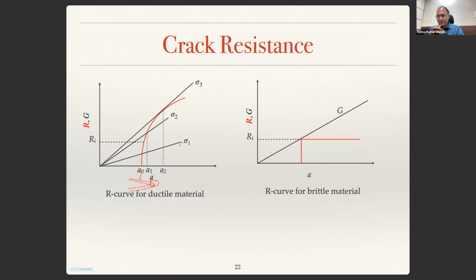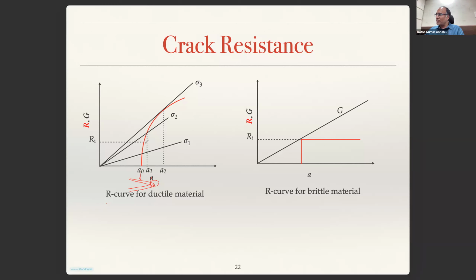But now the question is the rate, with respect to the crack length, at which the resistance increases. If that is higher than the increase in energy release rate, then the crack will not propagate. But if the rate at which the energy release rate increases with respect to crack length is more than the rate at which the resistance increases, then the crack will propagate.